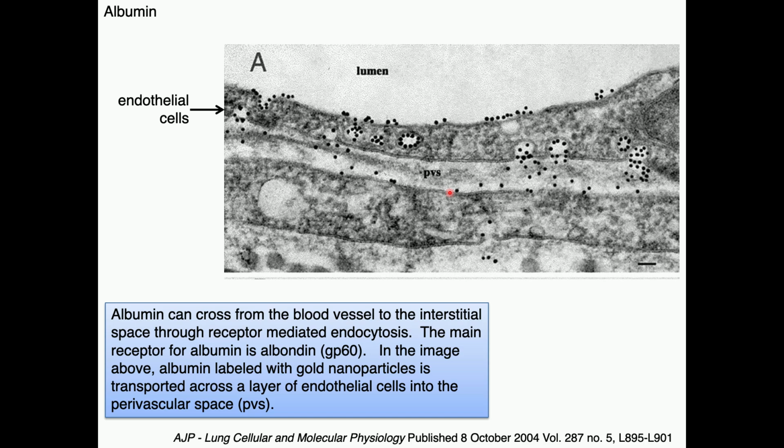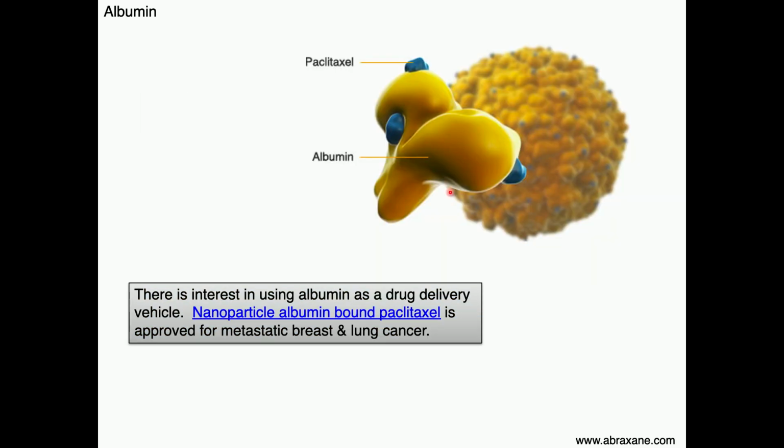So that endothelial, or blood vessel, barrier is something that you have to overcome pharmacologically in order to deliver a drug to a cancer cell. And albumin is one FDA-approved method that can do that.